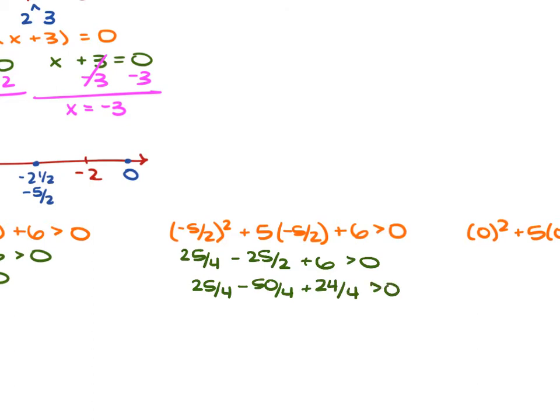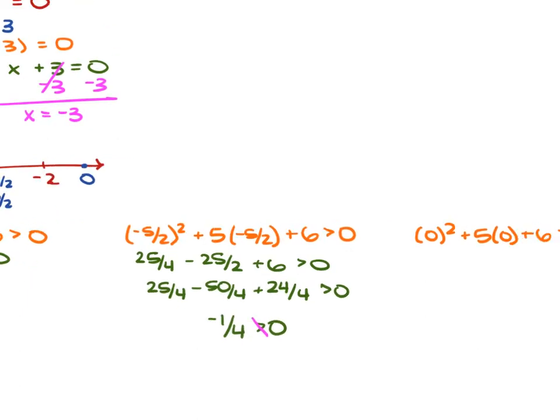I could just combine my numerators, so that way I have 25 minus 50, which is negative 25. And then I am adding the 24 to that, which gives me negative 1 over 4 is greater than 0. That doesn't work, so the middle would not be shaded.